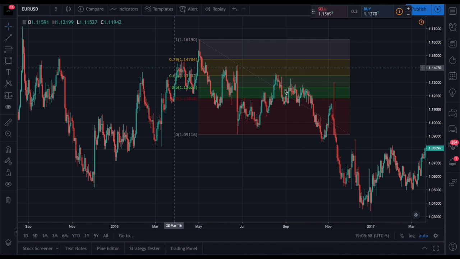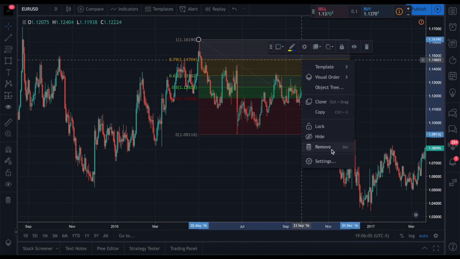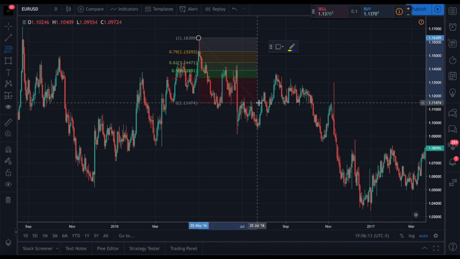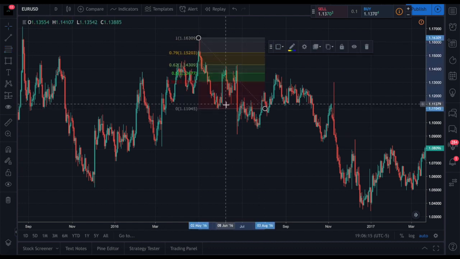We're going to change the fib setup so you guys have an idea. But these are very, very sensitive levels where we can expect price to have some sort of reaction. So if we look from here to right about here, this swing point here, we see that price is very sensitive at the 50 level, touches the 62, bounces away.